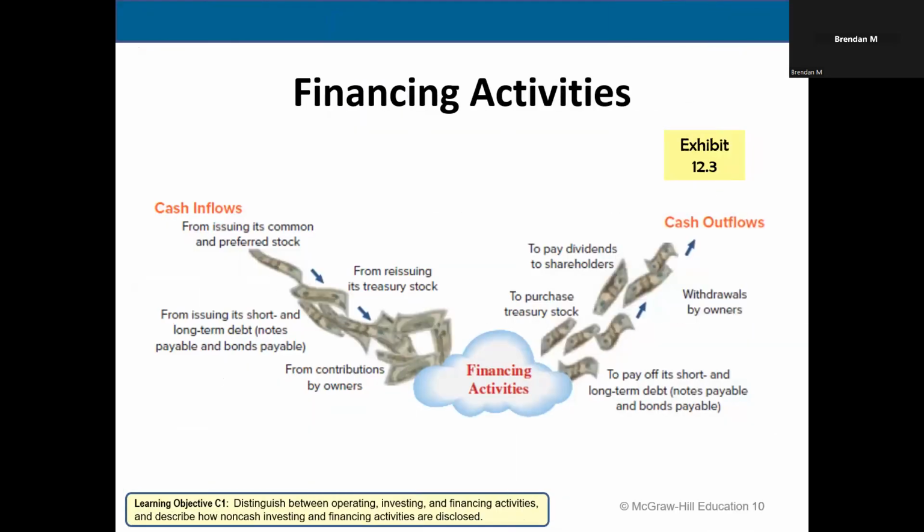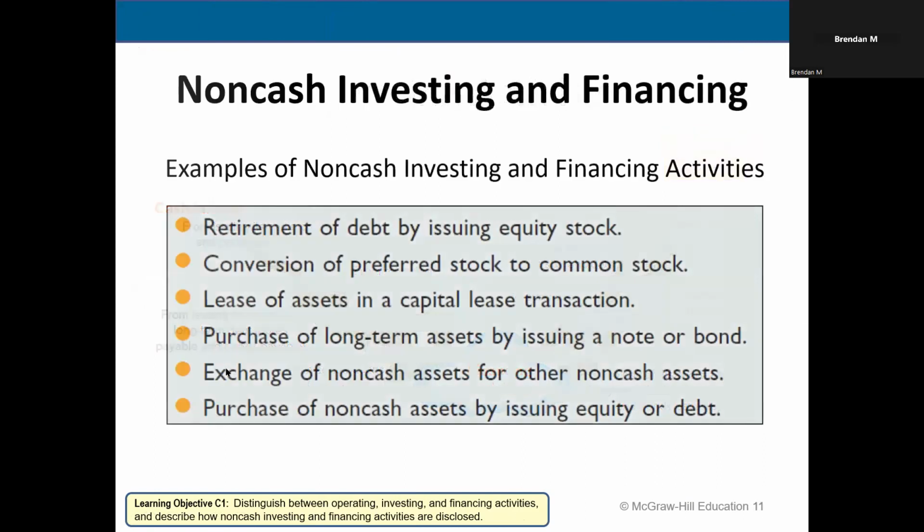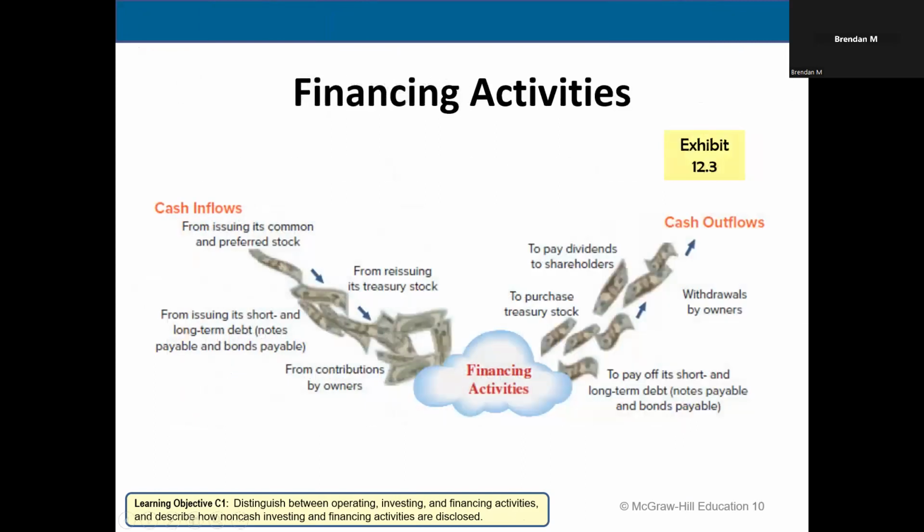Let's look at financing. Financing is borrowing. It's raising money. We get cash from issuing stock to the public. We can raise cash by issuing debt in terms of a bond issue. We can reissue treasury stock or come up with more money from the ownership.